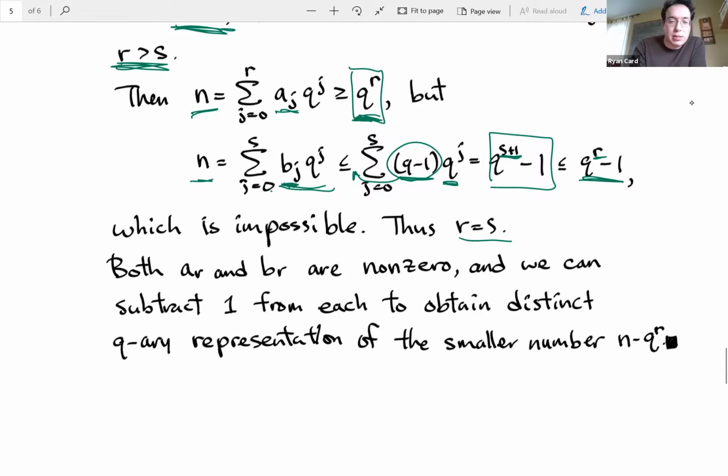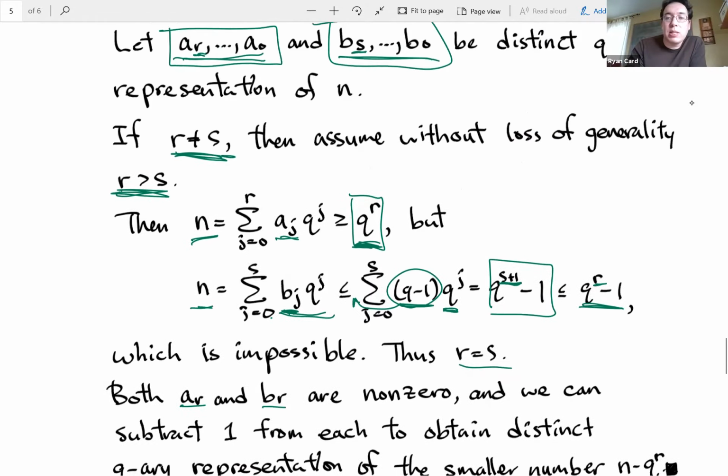Okay. So let's look at the case where we have the same number of digits. So r is equal to s. We know that the leading digits, a sub r and b sub r, are both non-zero. So if they're non-zero, we could subtract 1 from each of them and get a smaller number that has 2 different representations, namely, n minus q to the r.